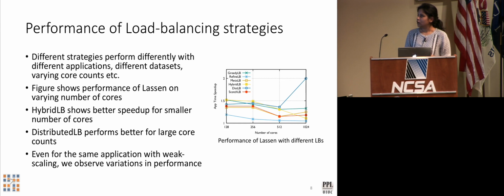As we see, DistributedLB performs best when moving to 512 cores and 1024 cores in terms of speedup for Lassen, but for 128 and 256 cores, we find that HybridLB performs best. Other algorithms like GreedyLB perform close, but as the core count increases, we observe that they are not as good as DistributedLB.